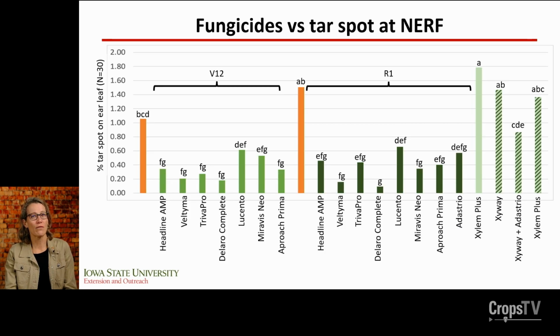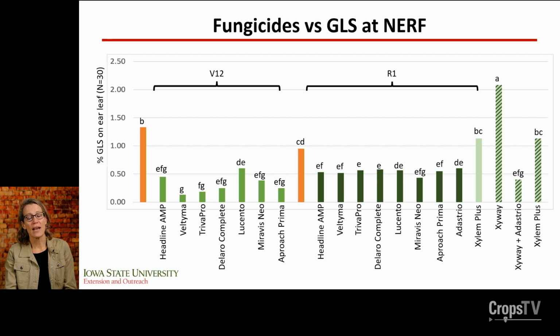This is the data from NERV. So you can see at the Northeast Research Farm, we had just over 1% tar spot severity on those ear leaves. Once again, those fungicides are all reducing the amount of tar spot. Not much difference between the V12 and the R1 application because the disease severity is so low. If we look at the gray leaf spot, pretty low disease severity there as well.